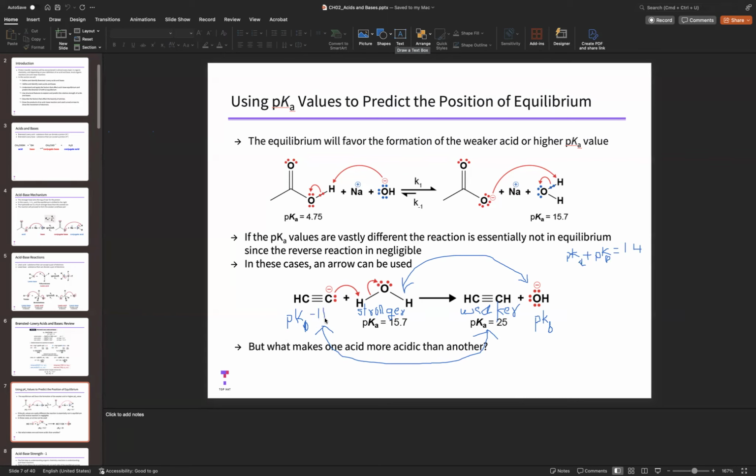Because negative 11 goes here and positive 25 goes here. 25 minus 11 gives you 14. Similarly, what is the pKb of this compound? Hydroxide. Something you already had found right here for this one.